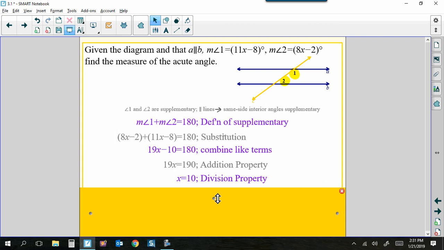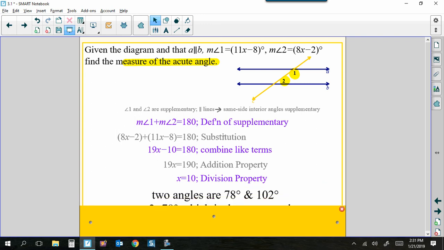Boy. All right. So now the question is asking us to find the measure of an acute angle. Wait, acute. I think we need to review a word. An acute angle is an angle that measures less than 90 degrees. So if I take my 10 that I just found and plug it into the 11x minus 8 and into the 8x minus 2, I would get two angle measures that are 78 and 102.